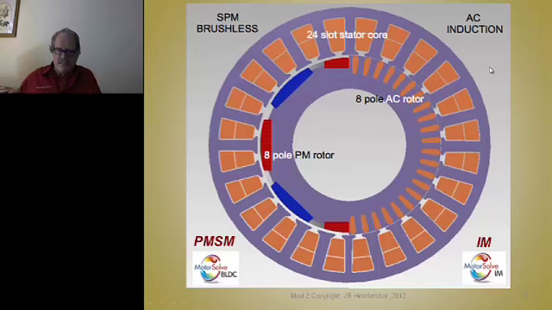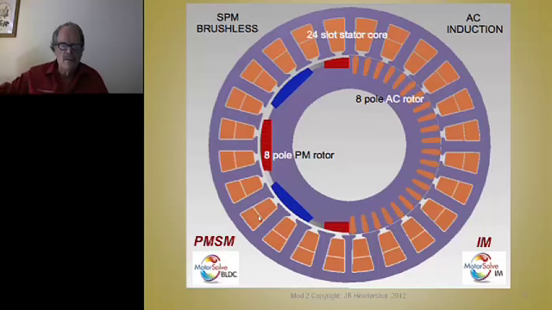Now, the other interesting thing I want to show you relates back to a previous slide where we saw the cross-section of the machine that showed the X's and the dots of where the current flowed. And if this is an 8-pole rotor, let's see, I don't know how many bars we have here. Let's say we've got 36 bars. I don't know if that's right, but let's assume we got 36 bars. Okay, so if you got 8 poles, 36 divided by 8 is like 4.5 bars per pole.